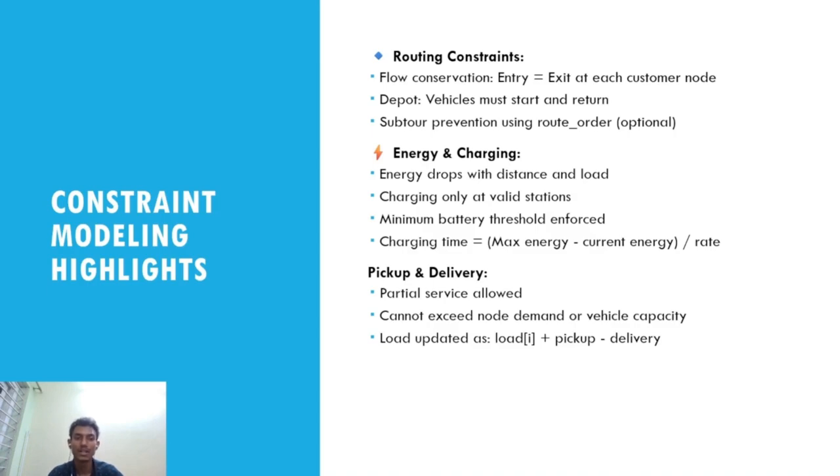For energy, we simulate battery draining based on the distance and the current load and enforce minimum battery thresholds. Vehicles can only charge at designated stations, and their charging time depends on the energy gap. Lastly, we have pickup and deliveries. We allow partial quantities while ensuring the load never exceeds the vehicle capacity.